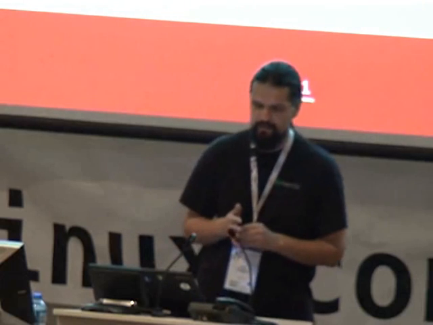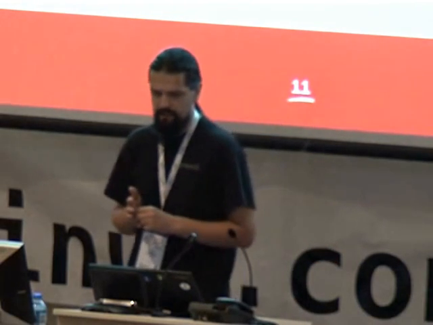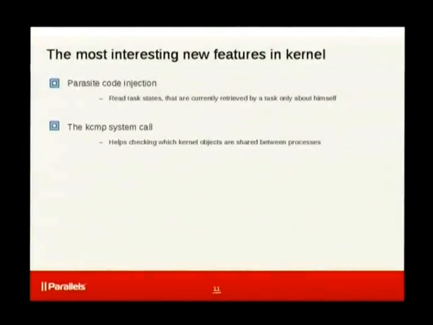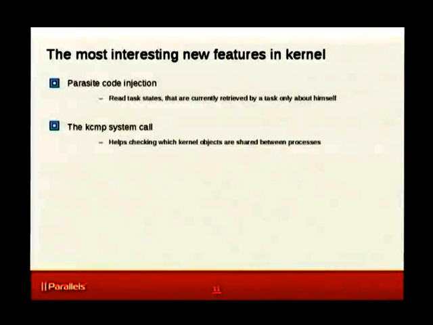Another feature is the so-called KCMP system call. It's a system call which takes two processes. It takes objects which are used by these processes, for example, virtual memory or open file or file system view, and it tells you whether the objects used by these two processes are equal or the first one is above the second or vice versa.